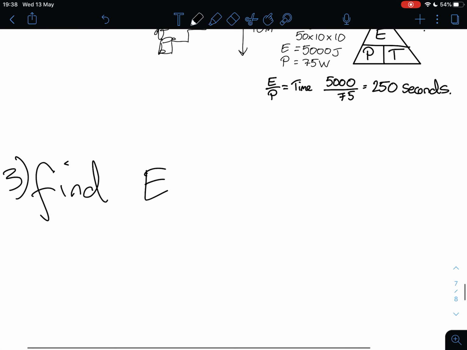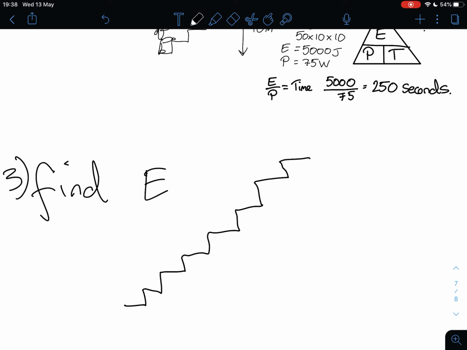What if now, same person going up the stairs, huge stairs. Want to find out how long. They decide to go from the bottom of the stairs to the top of the stairs, and the total energy this time is 7,500 joules. They're running up them, same power, 75 watts.